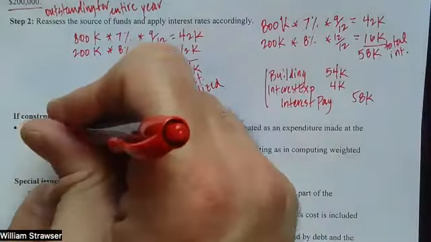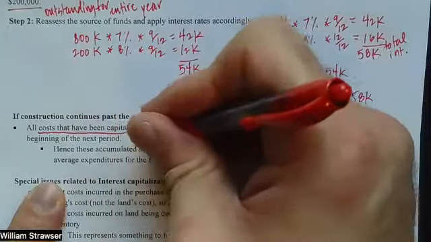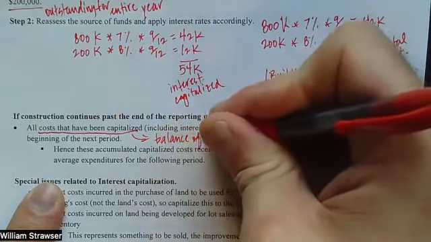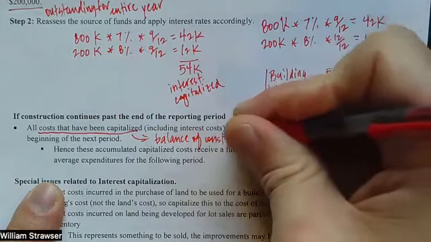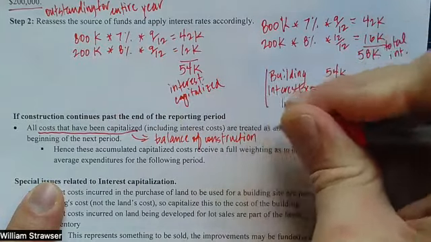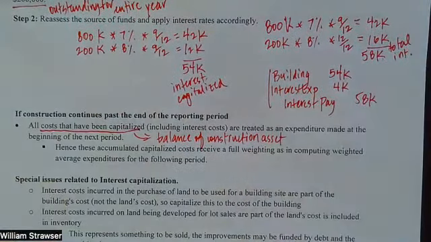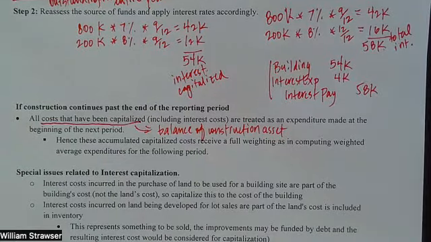So all costs that have been capitalized would just be the balance of the construction asset account. They would all be considered an expenditure made at the beginning of the next year.